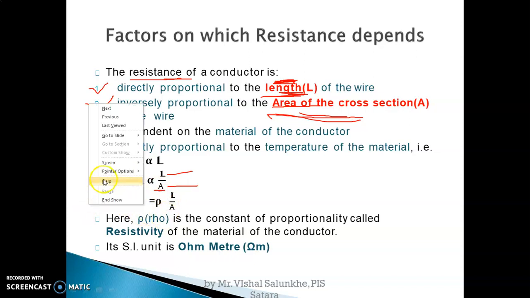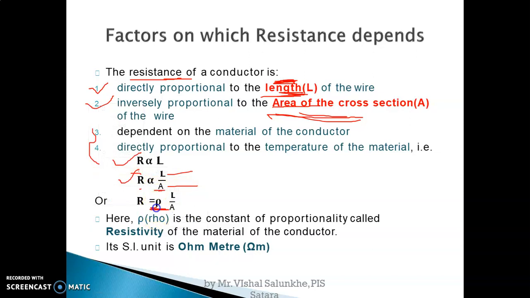Just concentrate on the screen. How do we find the definition of resistivity? From this formula we can write rho, resistivity, is equal to R into A, and L will go to the denominator, divided by L. This is the definition of resistivity.